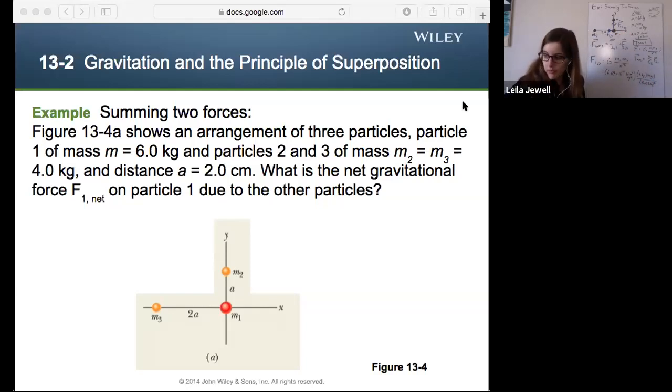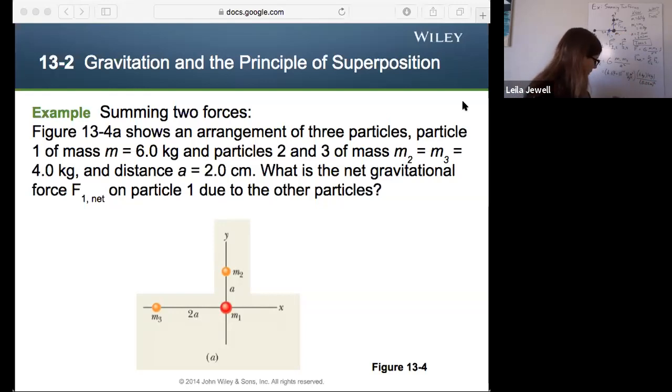All right, now we can plug and chug. 6.67 EE 11. The EE button is a wonderful one on your calculator if you haven't used it before. Times 4 times 6 divided by 0.02 squared.